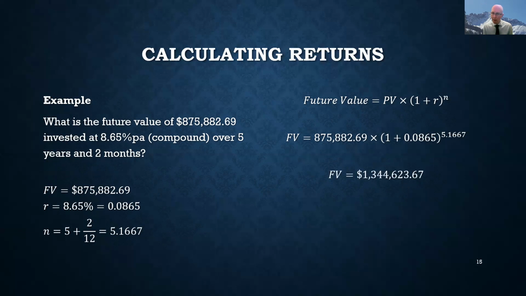And that will get us 1,344,623.67. So over 5 years and 2 months, we're able to grow 875,882.69 into $1.3 million at the rate of 8.65%.